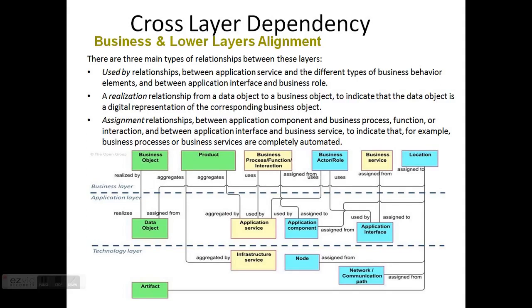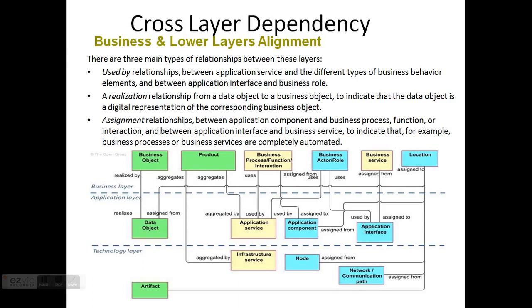Another relationship type that we can use is the realization relationship. A realization relationship from a data object to a business object indicates that the data object is a digital representation of the corresponding business object.